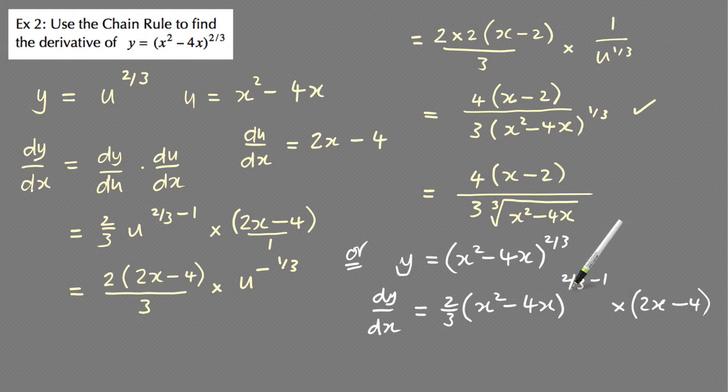If you do it this way, you've just got to remember to multiply by the derivative of whatever this part here is. At this point I am pretty much at this step here, except instead of having the u, I've got x squared minus 4x, so everything else is the same. It's just a lot quicker doing it this way, and ultimately all of this will get to this step here.